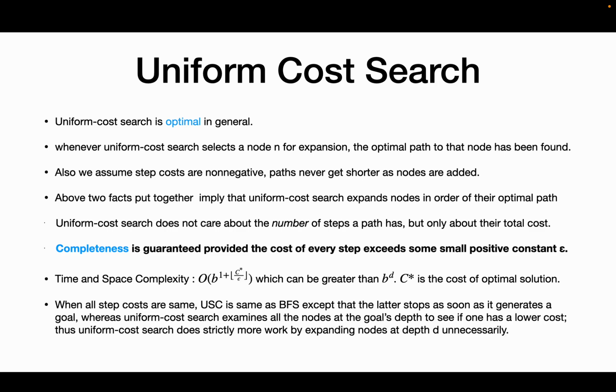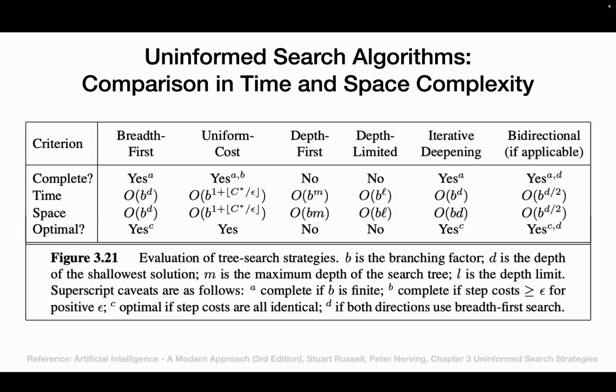So that is the cost. The uniform cost search, which is UCS, is such that when you choose all the path costs as uniform, UCS becomes breadth first search. So BFS is a special case of uniform cost search.